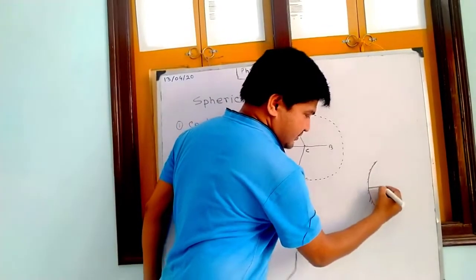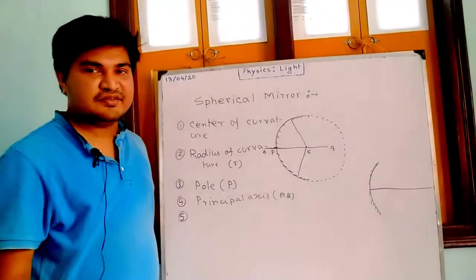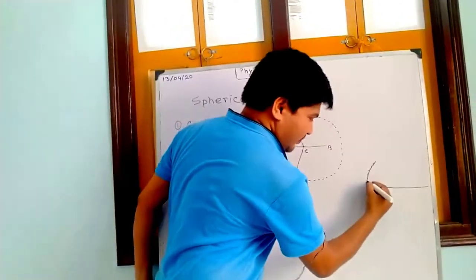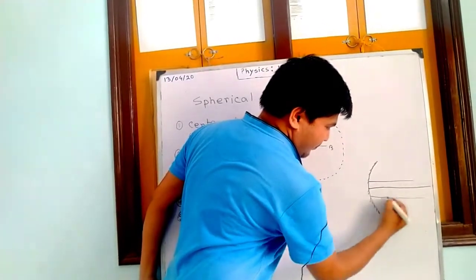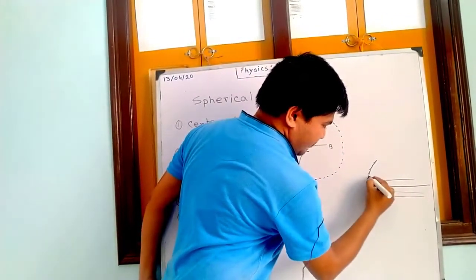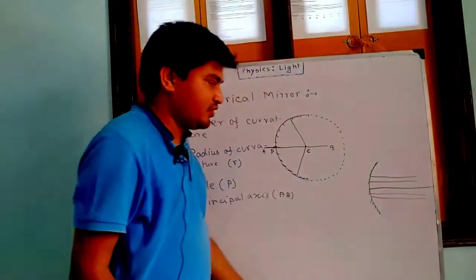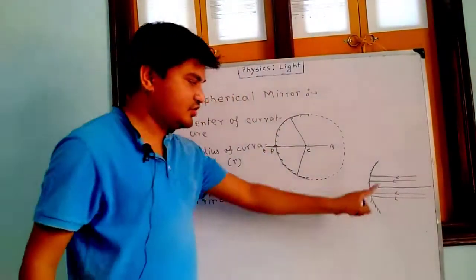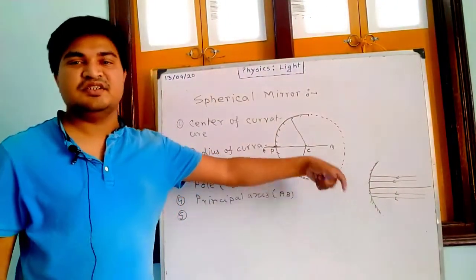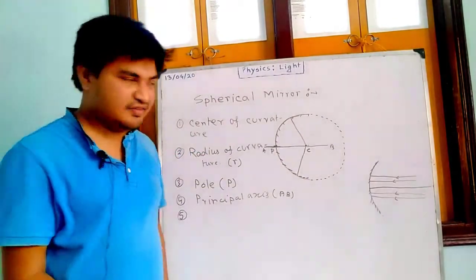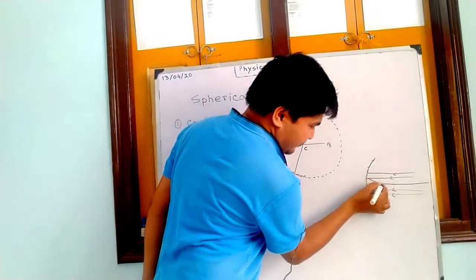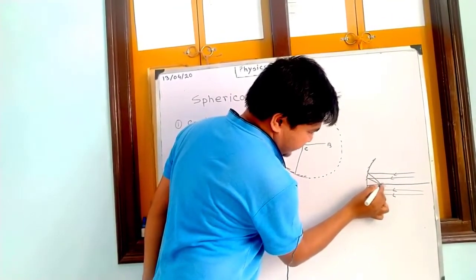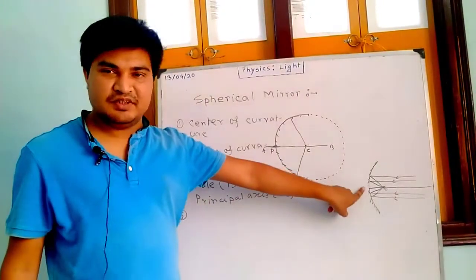If this is the principal axis, and a parallel beam of rays very close to the principal axis falls on a reflecting surface, may be concave or convex, then after reflection it converges at a fixed point on the principal axis.